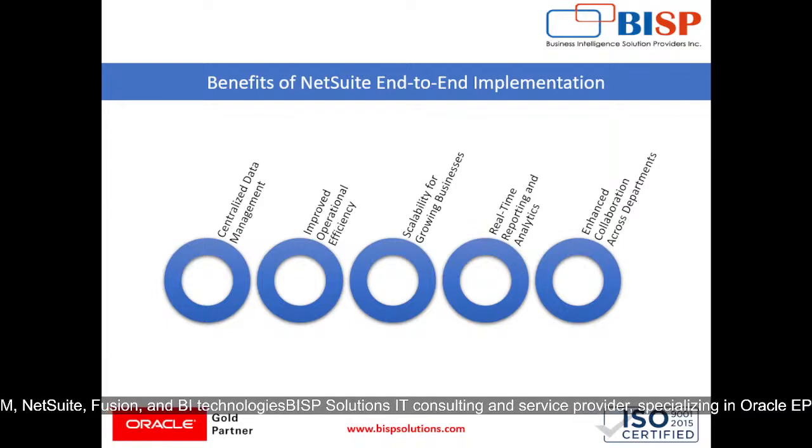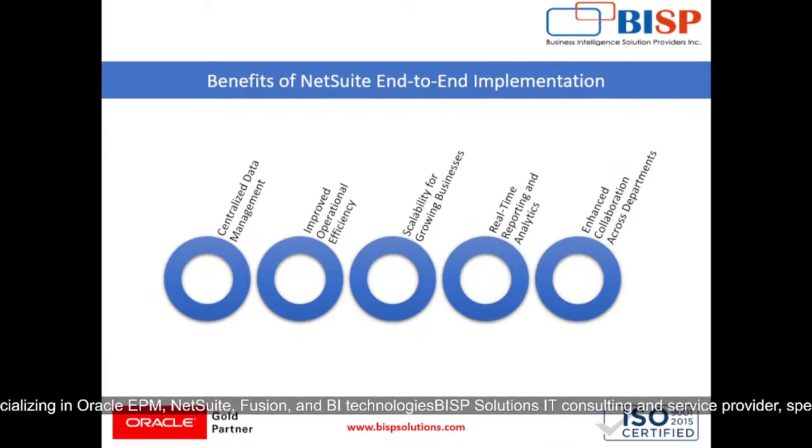Real-time reporting and analytics is a plus point for migration or end-to-end implementation from QuickBooks to NetSuite, and enhancing collaboration across departments will be a benefit for end-to-end implementation and migration of data from QuickBooks to NetSuite.